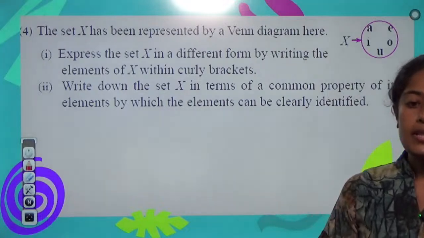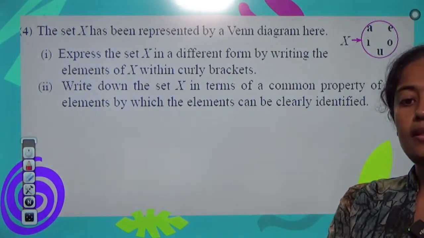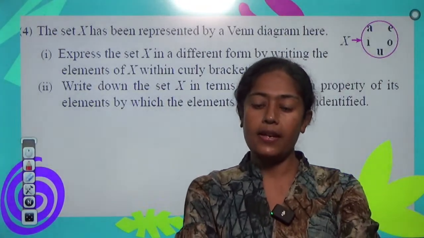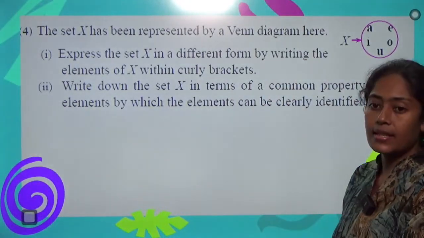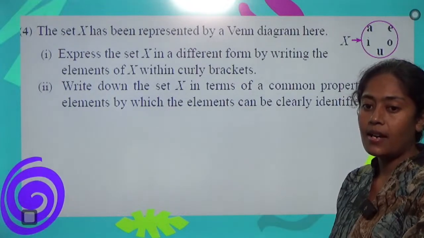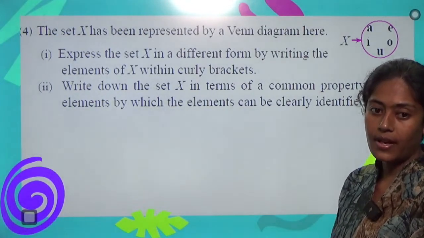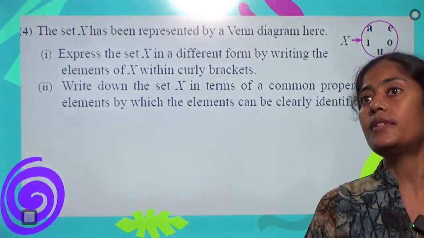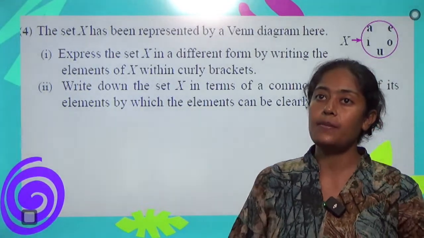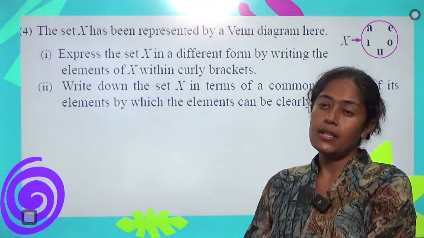Fourth one. The set X has been represented by a Venn diagram here. In the Venn diagram we have the letters A, E, I, O, U, right? Question number 1. Express set X in a different form by writing the elements of X within curly brackets.